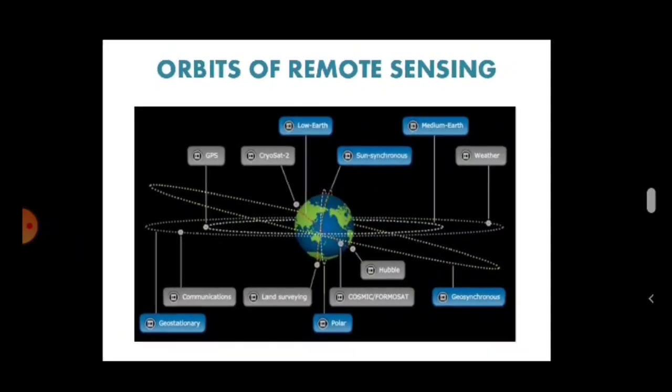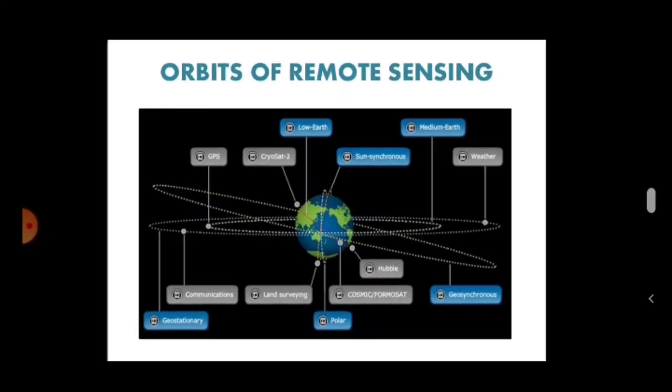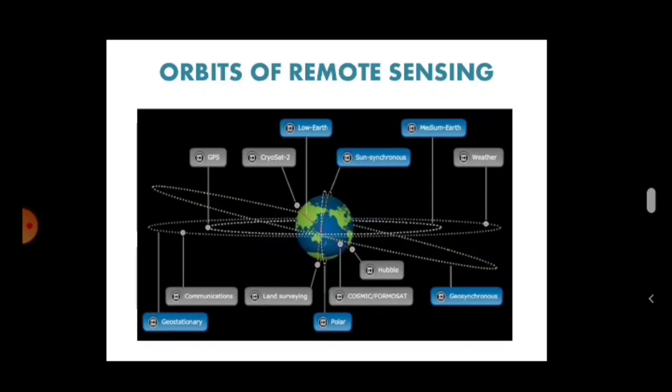When it comes to sun synchronized or near polar orbits, the orbit is chosen so that the satellite always passes overhead at the same local solar time, which is called sun synchronized. This allows a satellite to record images at two fixed times during a 24-hour period, one during the day and one during the night. An inclination of 90 degrees with the equator is another characteristic of these satellites.